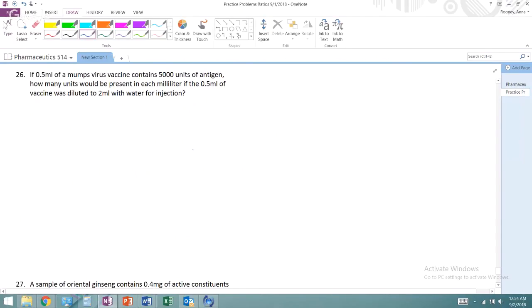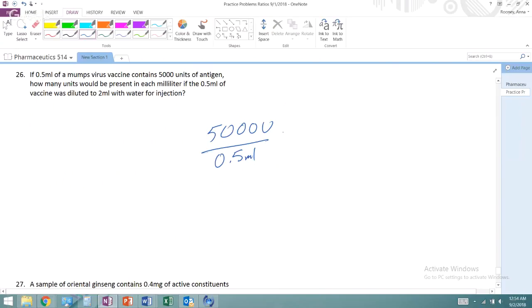If a half milliliter of a mumps virus vaccine contains 5,000 units of antigen, how many units would be present in each milliliter if the vaccine was diluted with water for injection to 2 milliliters? Okay, so there's this many units for half a milliliter. How many units would be present in each milliliter?